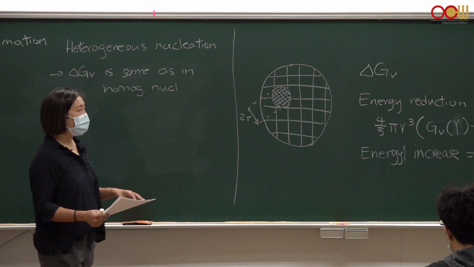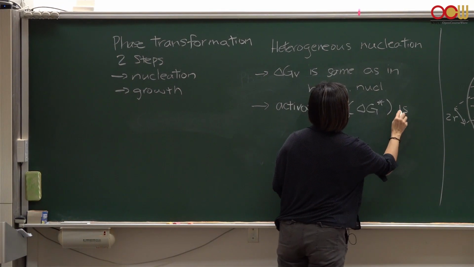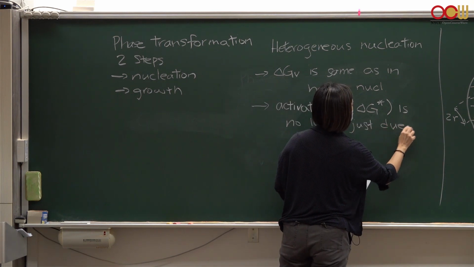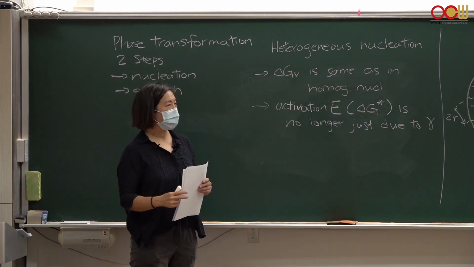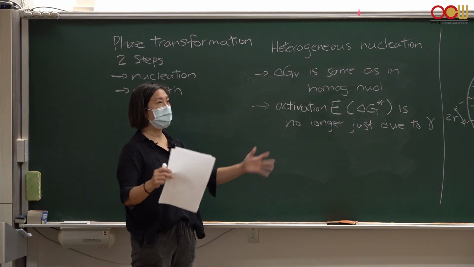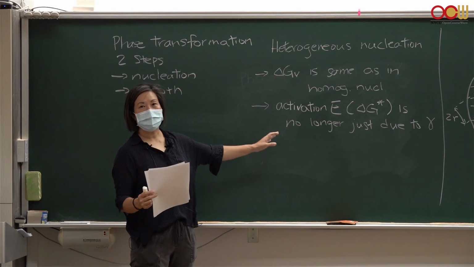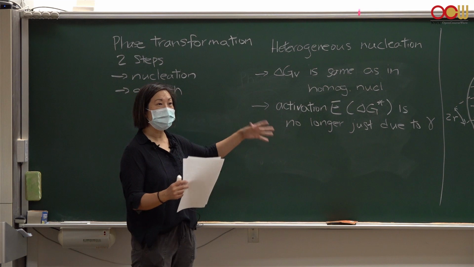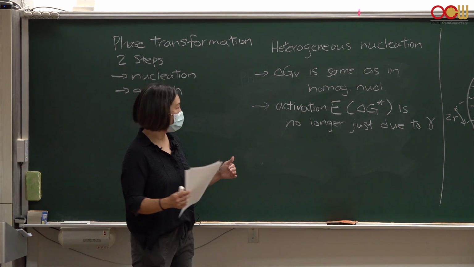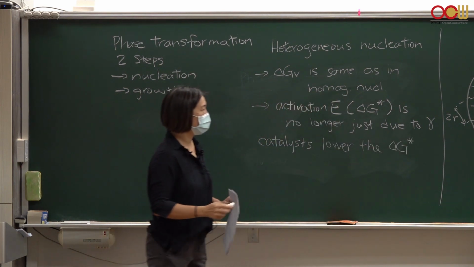So what will happen is your activation energy is no longer just due to the surface energy between phase Y and phase X. Now you have all these other considerations that you take into account. And usually these other things will lower the activation energy. Catalysts lower the activation energy.